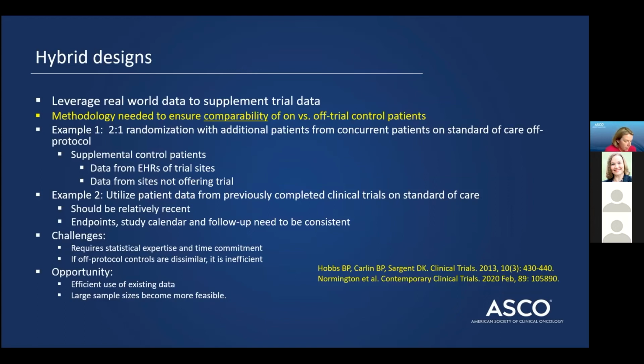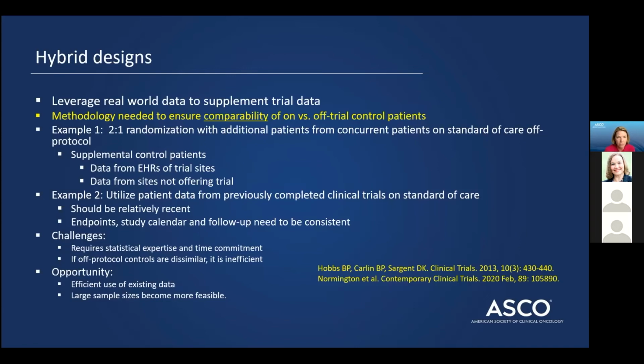So there are a number of people working in this area of hybrid designs. I know this year at the Society for Clinical Trials meeting, there's going to be a conversation about combining or harmonizing or leveraging real world data to help supplement trial data, with a focus on cancer clinical trials. This can be quite complicated, and it really can be complicated by issues of potential bias.